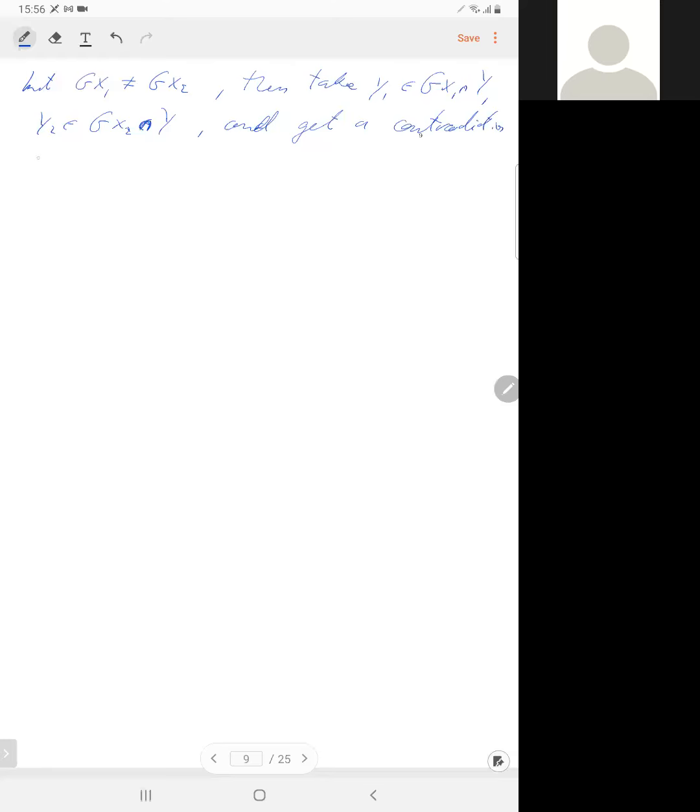Okay, so if F_ij of x_1 equals F_ij of x_2, then necessarily the orbits coincide. And this is the claim of Rosenlicht's theorem.